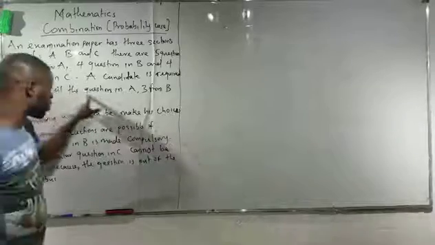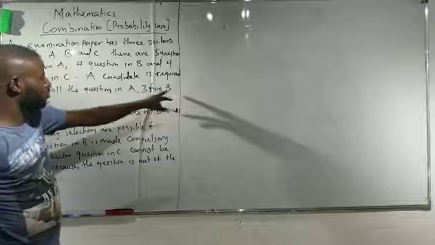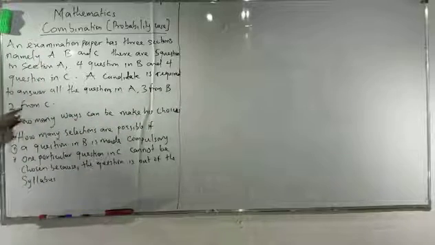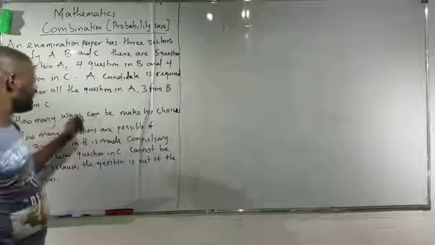All. This one is all. It means as it comes. Now, this one is 3 from B, and this one is 2 from C. How many ways can be made?